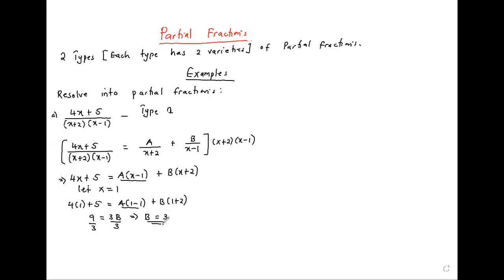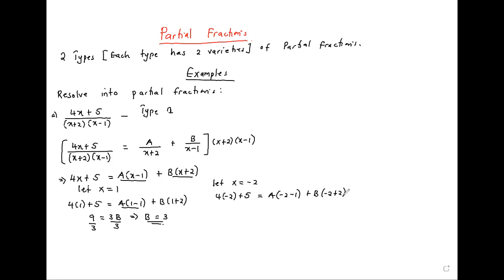We need to find a. You go back and say, let now x be equal to -2. Because you know that if x is -2, then this part is going to disappear, and then you're going to have a. So we substitute 4 times -2 plus 5 is equal to a times -2 minus 1 plus b times -2 plus 2.